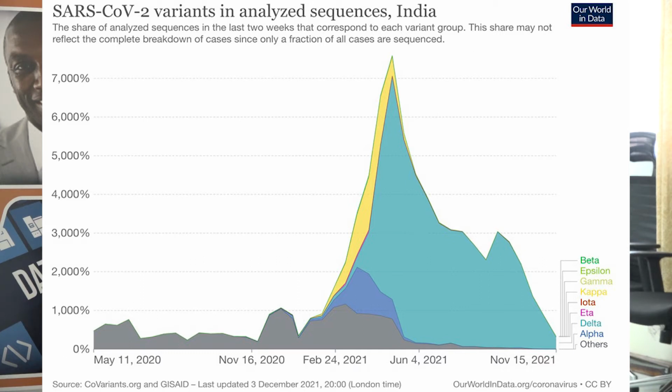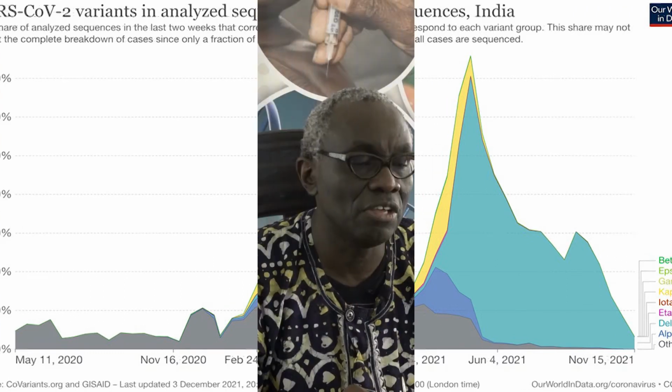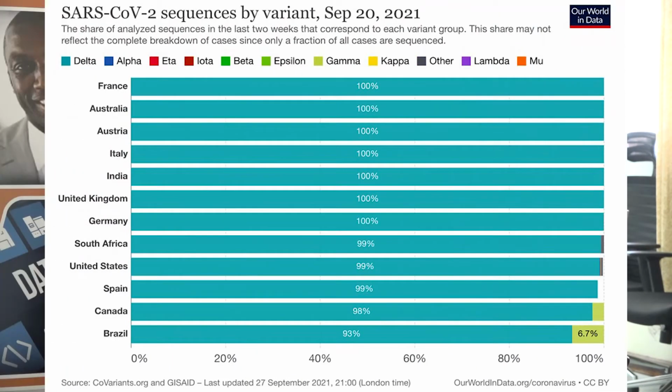Now, if you look at the globally now, if you were to do all the sequencing of the variants that are circulating in the world, many countries are 100% Delta. So if you look at France, Australia, Austria, Italy, the United Kingdom, and up to recently South Africa.